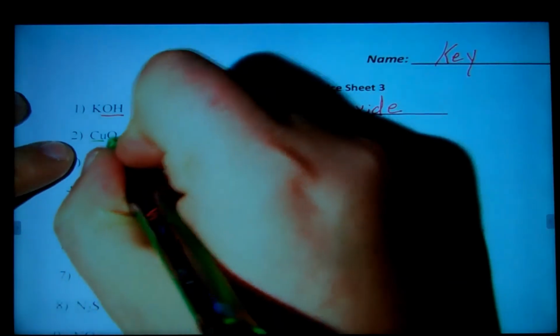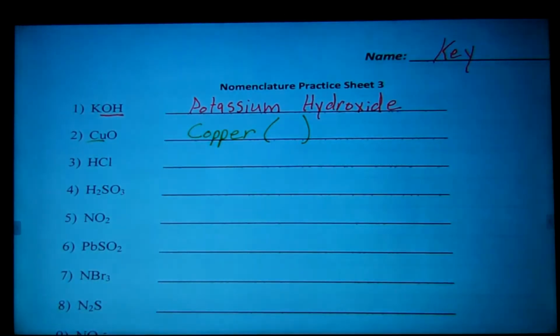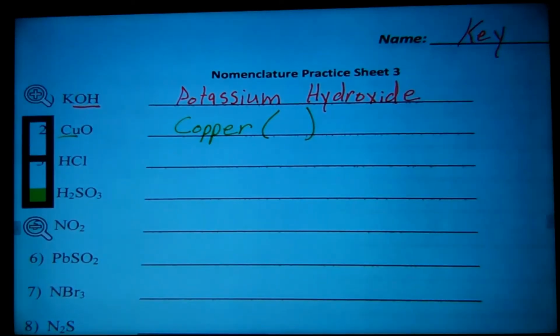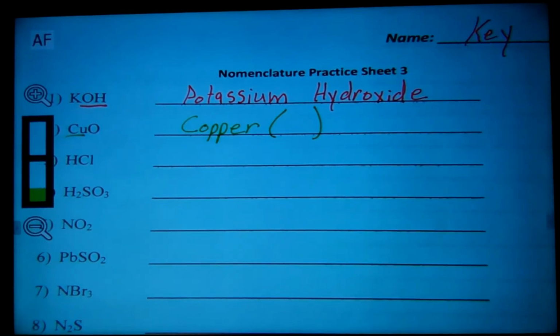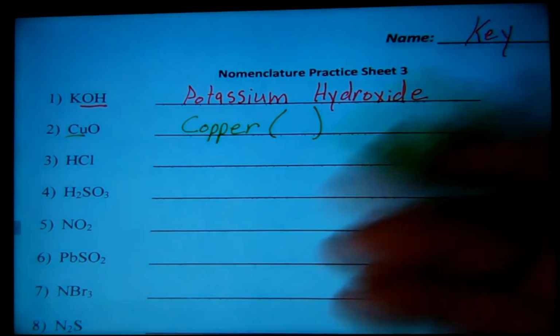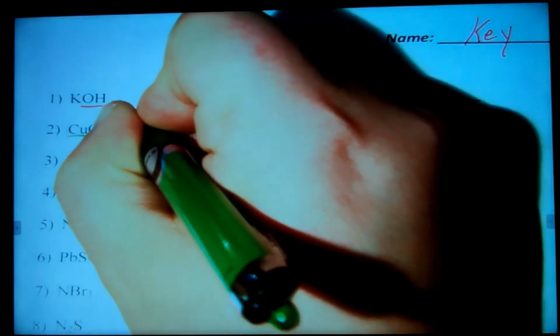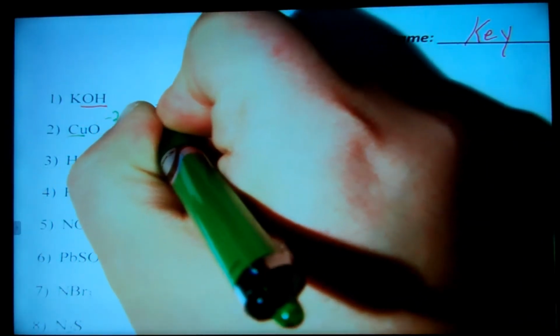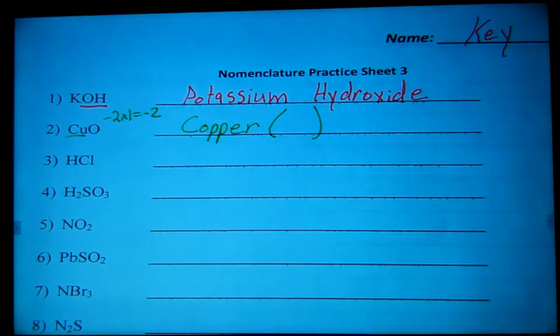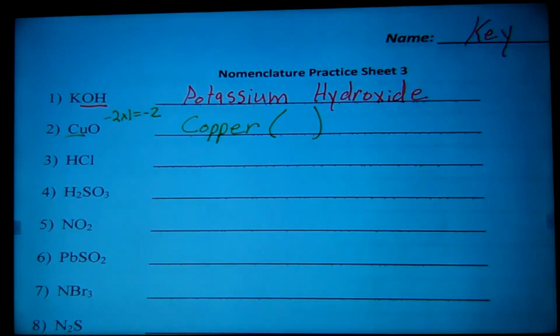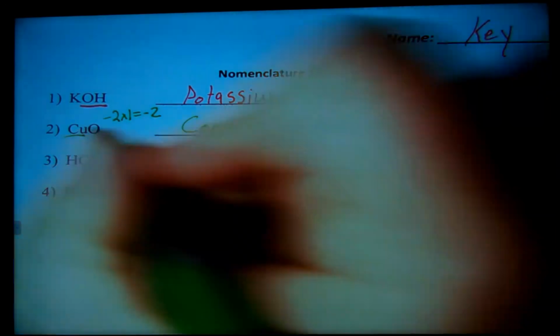So we're going to look here at that oxygen, and the charge of oxide is -2. Well, I have one of those, which means the overall charge is -2 times 1, which is -2. Since the overall charge of the negative part is -2, that means the overall charge of the positive part has to be +2.